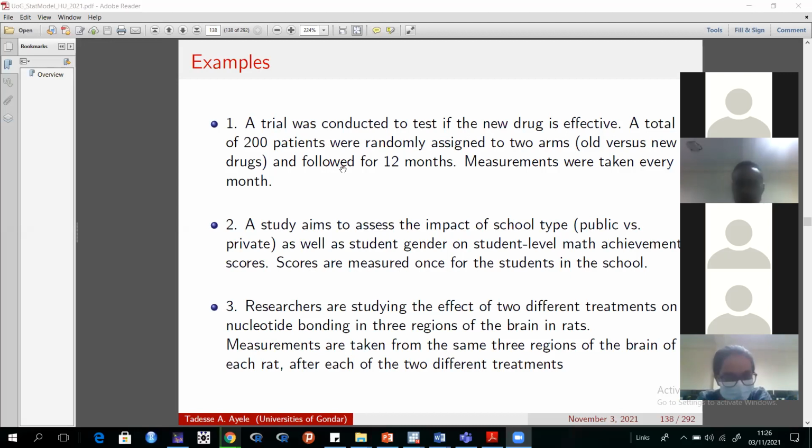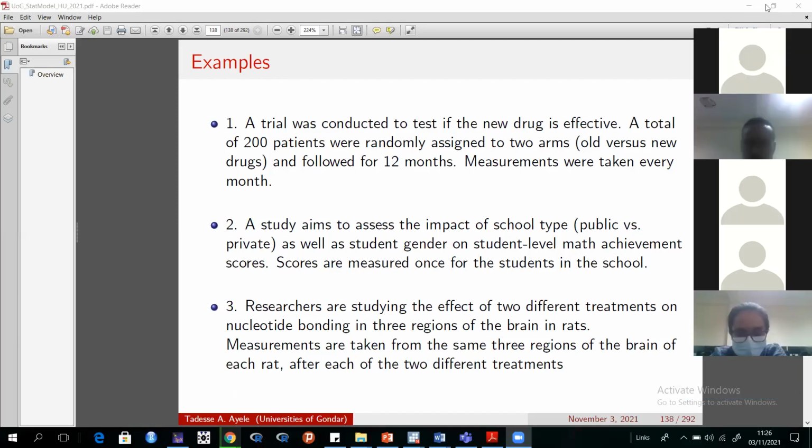So I was talking about the examples. A trial was conducted to test if the new drug is effective. A total of 200 patients were randomly assigned to 2 arms, old versus new drug, and followed for 12 months, with measurements taken every 2 months. The second example is a study that aims to assess the impact of school type, public versus private, as well as student gender, on student-level math achievement score.